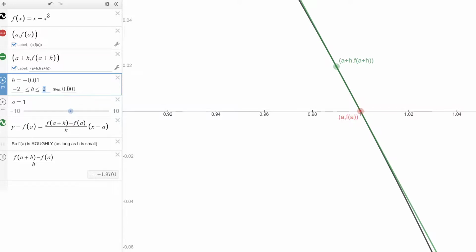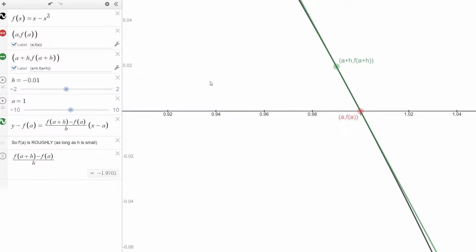Now here's the deal. I have a step size set up for 1/1000th, but for some reason it's just not quite working here, so it only does 1/100th step size, which is very sad because I'd love to see that 1/1000th step. But anyway, we can see that the derivative is roughly -2. It's -2.3 on one side, and if I let h be -0.01, you'll see that the derivative is roughly -1.97.